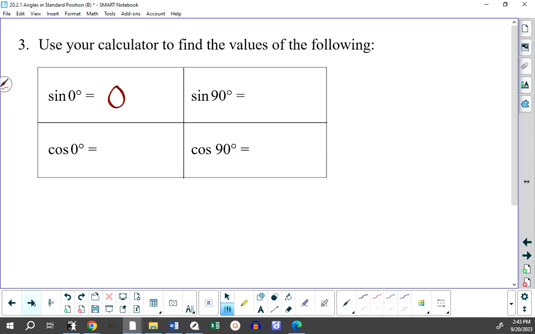What is the cosine of 0? 1. Sine of 90 is 1. Cosine of 90 is 0. We are going to learn why that's the case tomorrow. Okay? So all this exact value stuff extends beyond 30, 60, 45, but we're going to do more of it tomorrow.